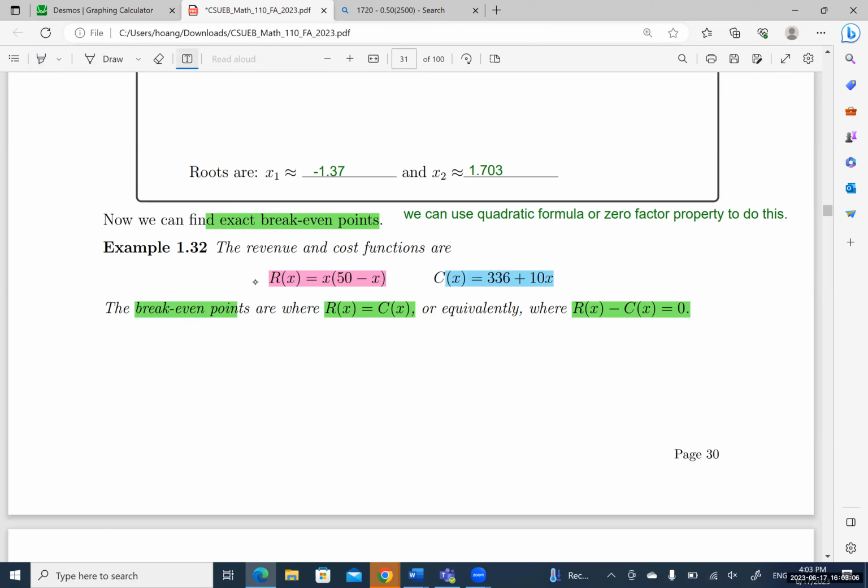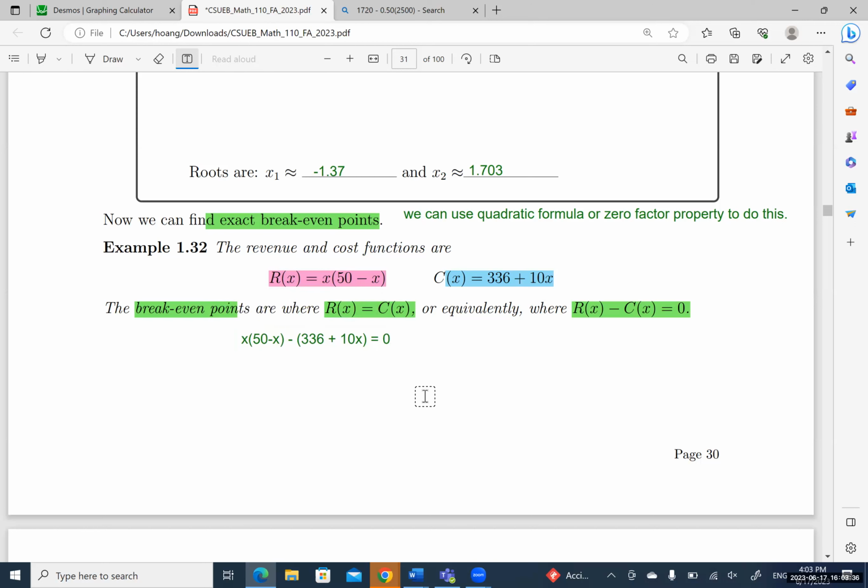So to set up, I'm going to substitute the revenue function x times (50 minus x) first, then subtract the cost function, 336 plus 10x, and make it equal zero, right?